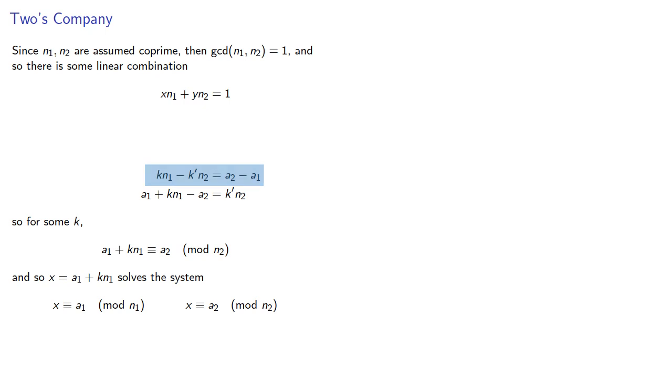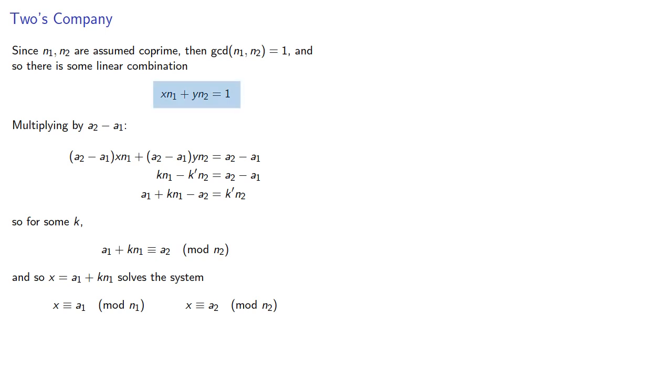And we see that if we multiply by a2 minus a1, we get... and that joins the bridge. And so from our linear combination, we can find a linear combination equal to a2 minus a1, which finds the value of k and solves the congruence. And if you look at it, didn't that just prove the base case for an induction proof?